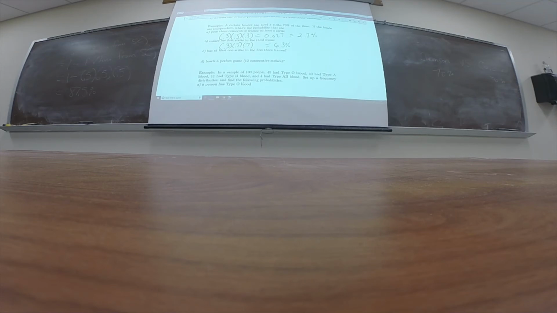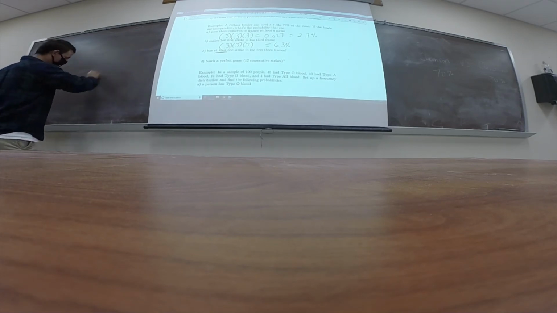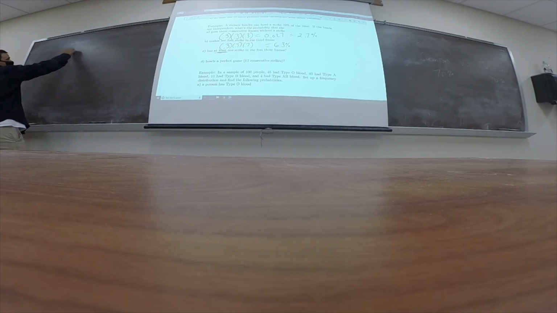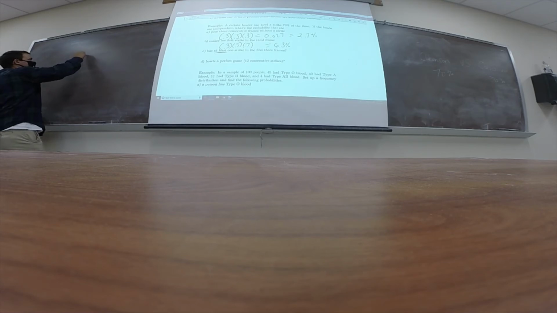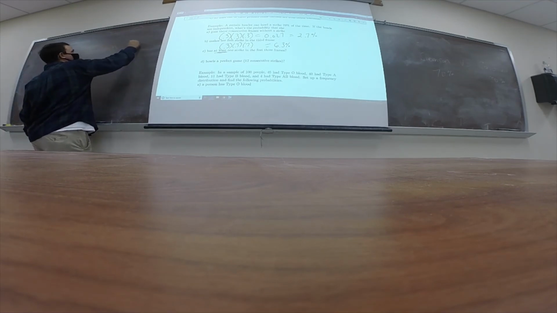Has at least 1 strike in the first 3 frames. If you see the word at least, you might need to go to complement rule. Does that make sense? Go ahead and take it. You see the word at least, you should probably think about using your complement rule. This one's probability of at least 1 strike in 3 frames.